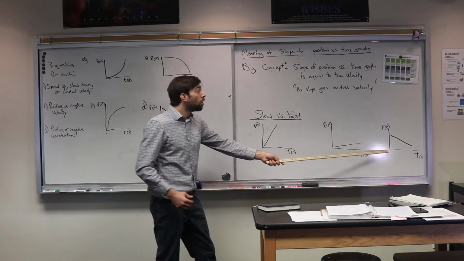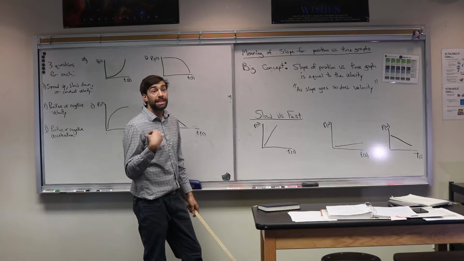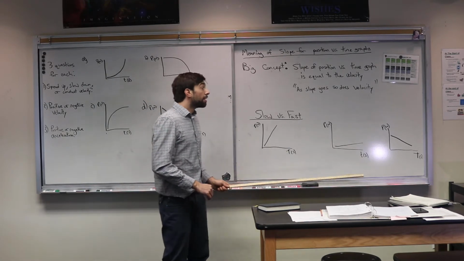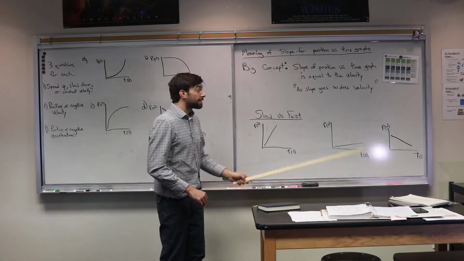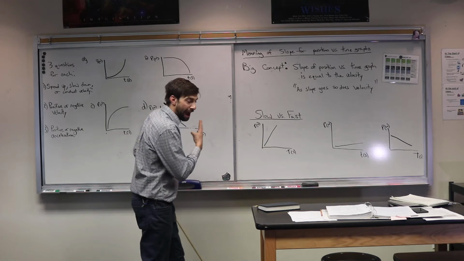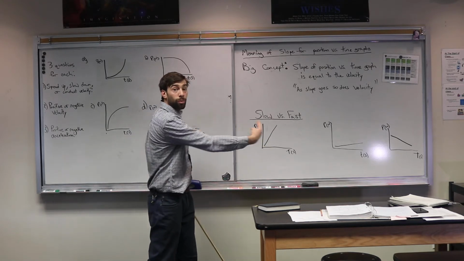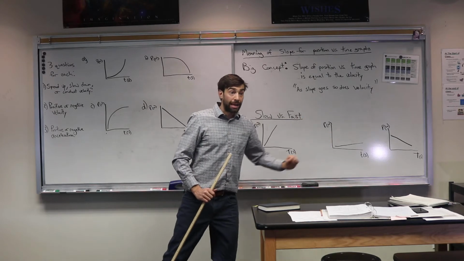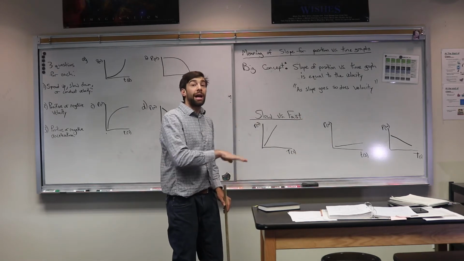Now in this one, would we say the slope is positive or negative? This example right here, the slope is negative. It's sloping down, as we always look at graphs from left to right. As we move from the left to the right, we see what our line is doing.